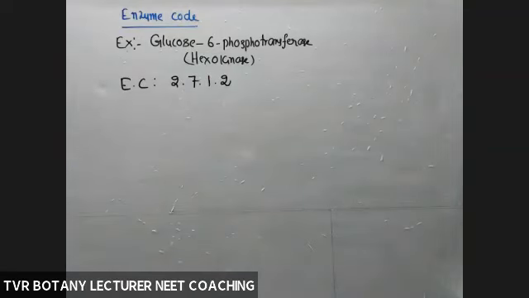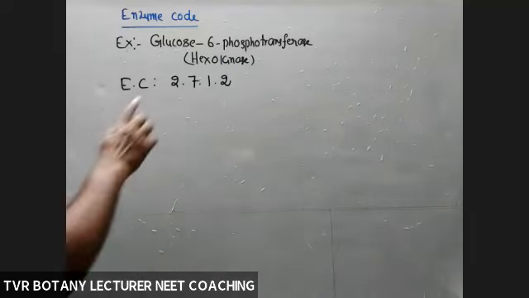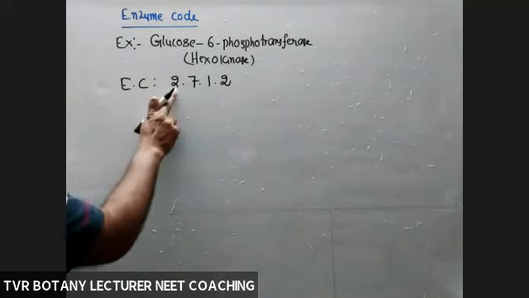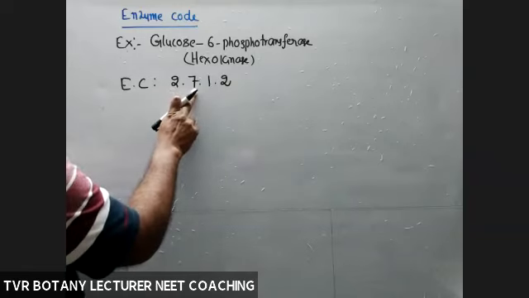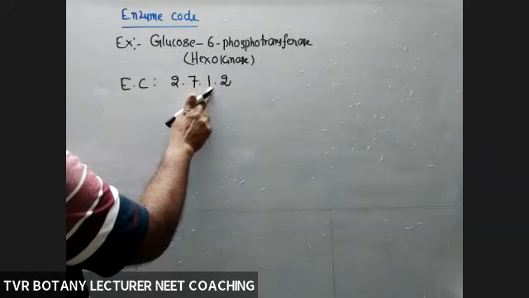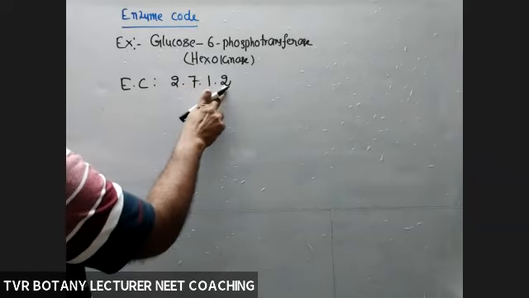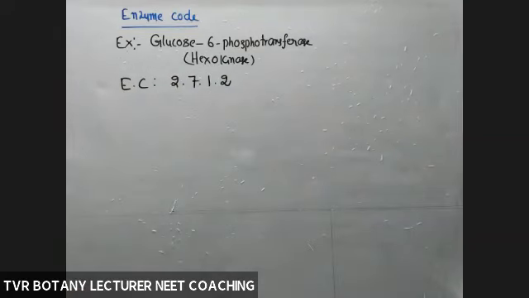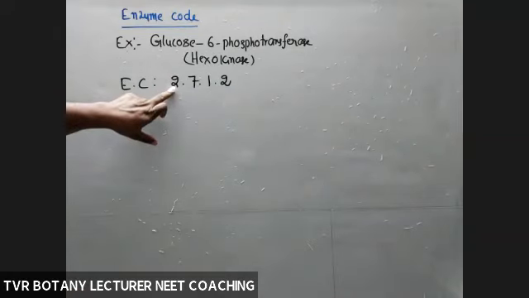2.7.1.2 is the enzyme code. So 2 means the second class. So what about the second class? The second class is transferases. Second class, seventh subclass. Next, first subclass, then the serial number of that enzyme in that class. Okay, so if 1 is given, first class. If 2 is given, second.